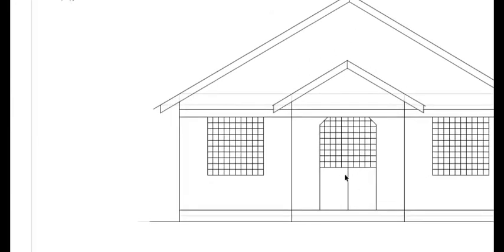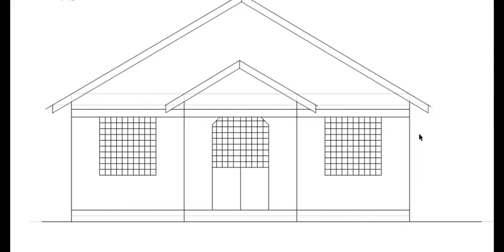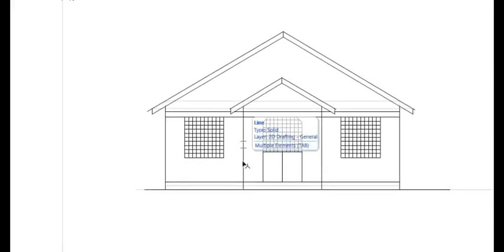You can even go ahead and add locks. The door locks for this door, and this is the elevation that you are looking for. So basically this is how you want to draw the elevation.